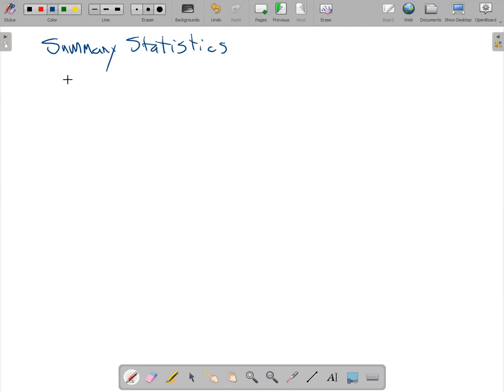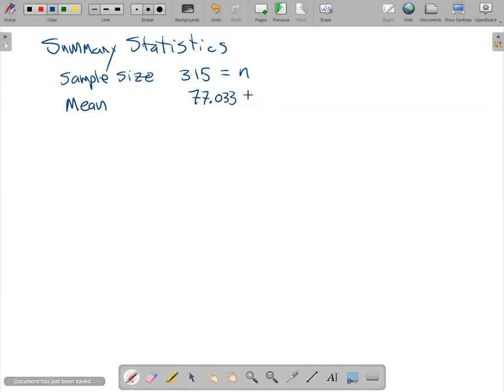And we have a sample size of 315. And the sample size usually gets the letter N. So I'm just going to put a little note, equals N, next to that. We have a mean of 77.033. And the letter the sample mean gets is an X with a bar over the top.